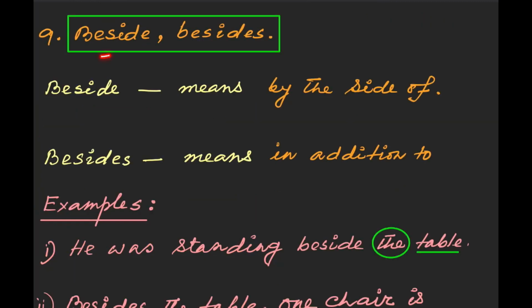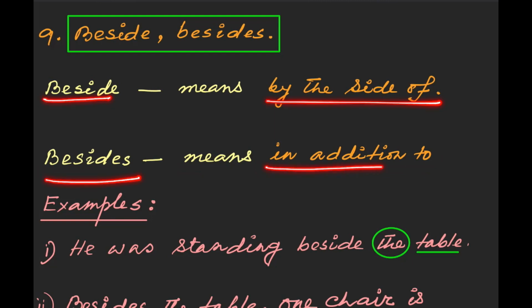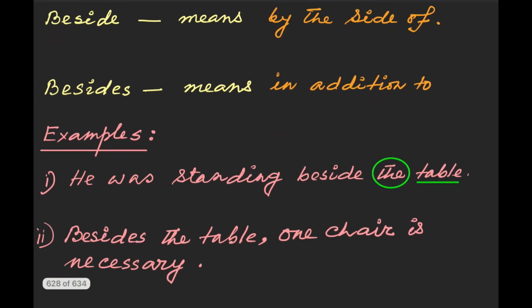Now beside and besides, see the use of these two important prepositions. Beside means by the side of, and besides means in addition to. Remember this. See the example.